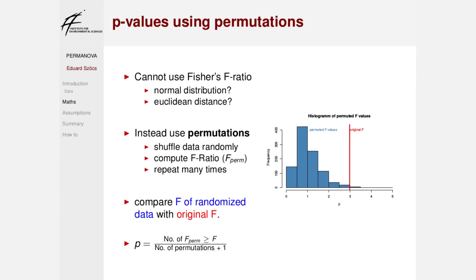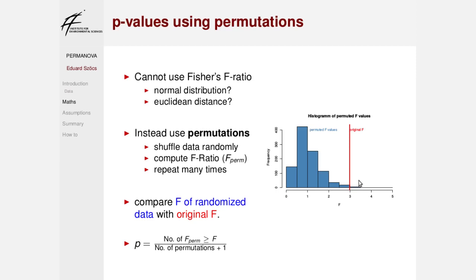So we shuffle our data, and for each shuffling we compute an F value. We do this 10,000 times, and then we compare the F values from the randomized data, which is here in blue, with our F value from our original data. And the P value is simply the fraction of F values that are bigger than our original F value.